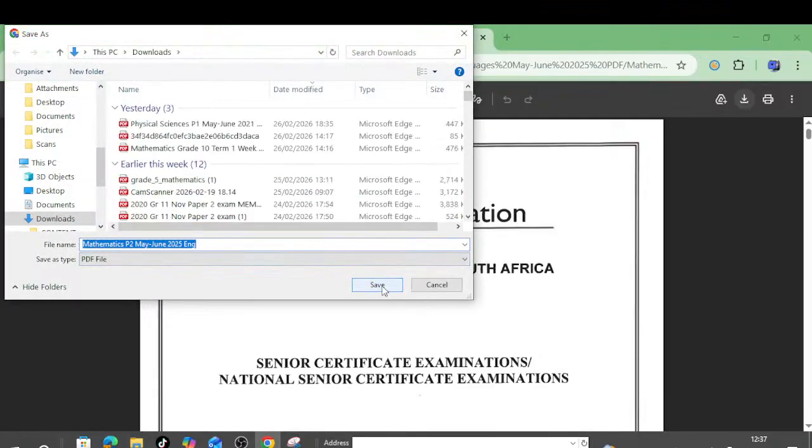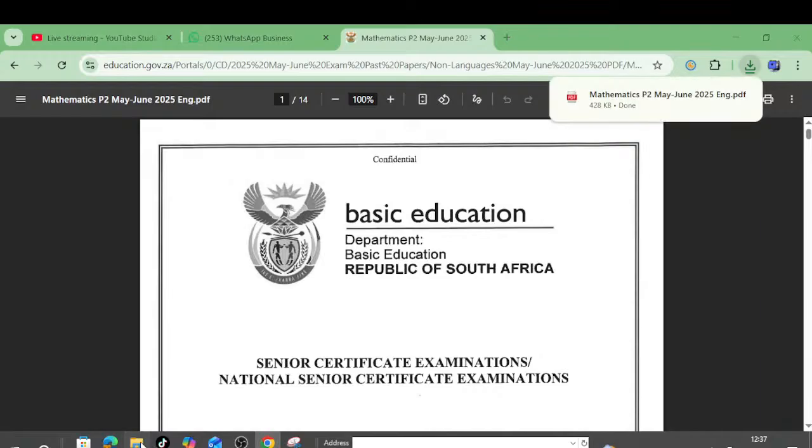We need to open this so that we can be able to write.